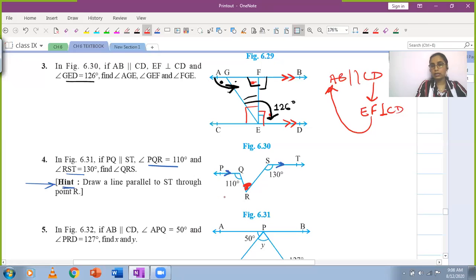Since this angle is not related to any of the angles shown in the figure, PQR and RST, there is no relation between them as such. So we need to modify the figure so that we can relate the angle we need to find with the ones already given.